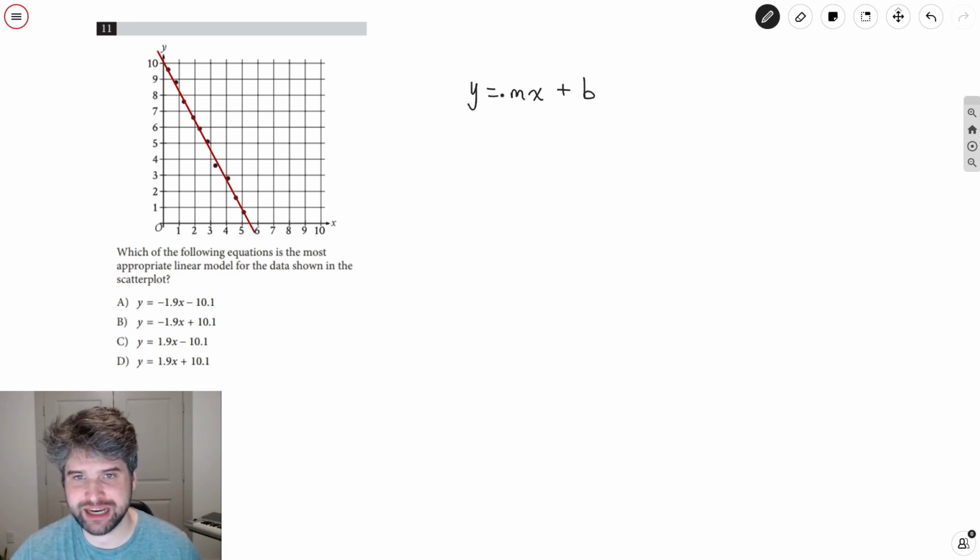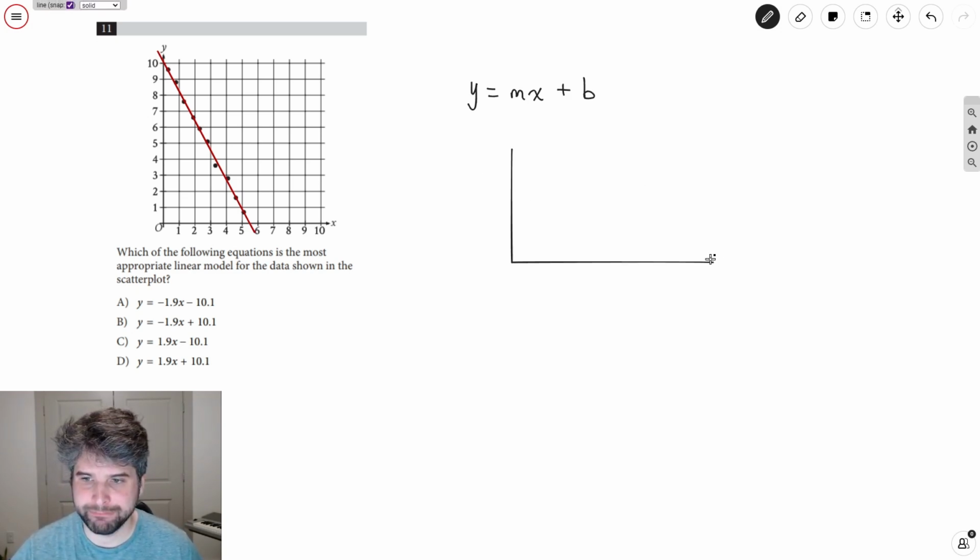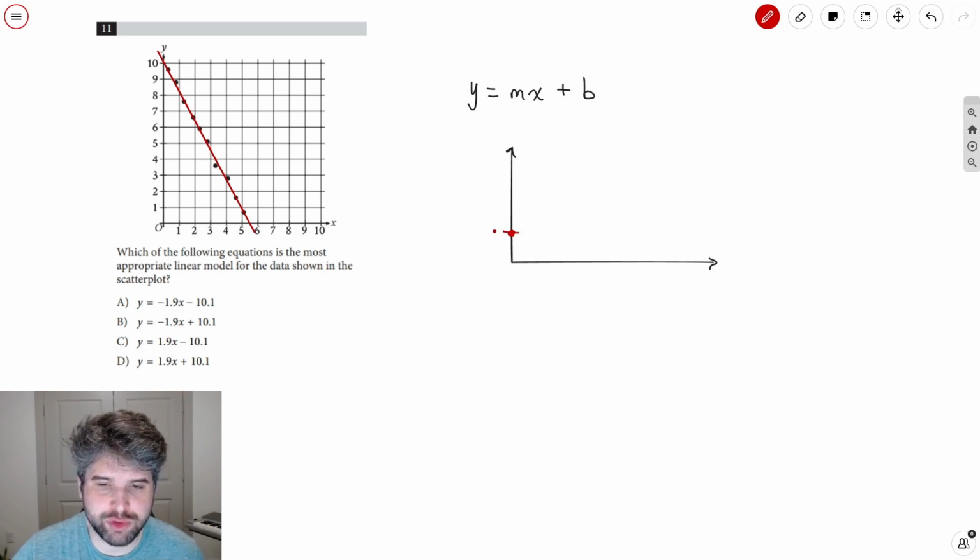All right, so let's take a look at the slope in a little bit more detail. Let's say that I've got a graph that looks like this. I've got a line that crosses at y equals positive 2 on the y-axis. And then I have a point at 1.